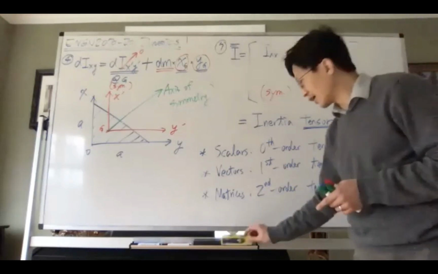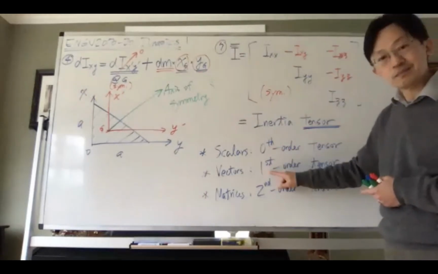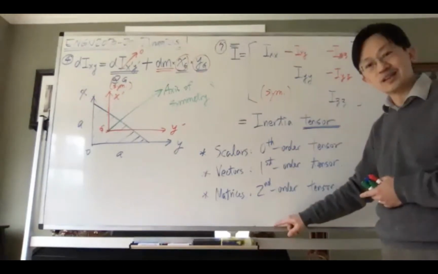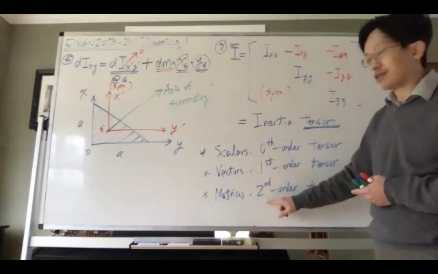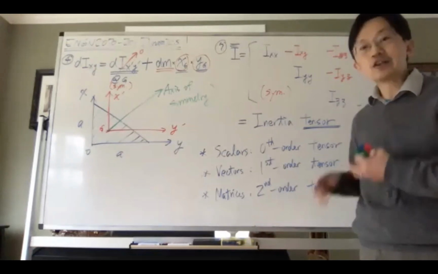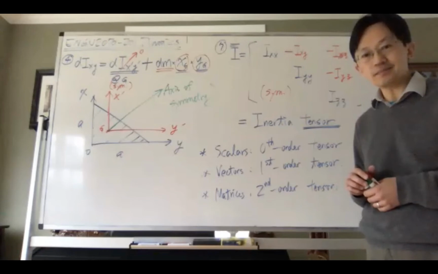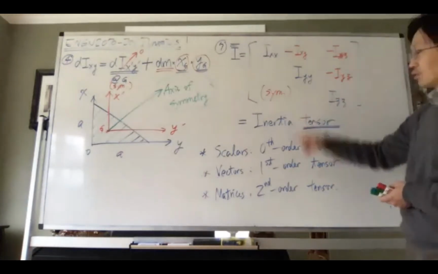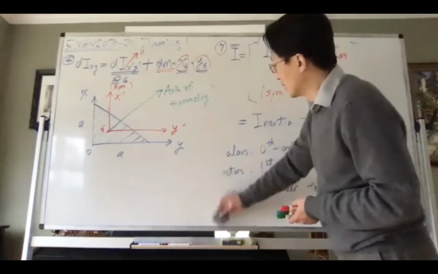However, mathematically, for tensors, the order can go as high as they want. Correct? You can define the sixth order, fifth order, even the 100th order. Only we cannot visualize them in this three-dimensional reality. Okay, so tensor is just a name to code. It's just to connect whatever we learned in engineering with mathematics.